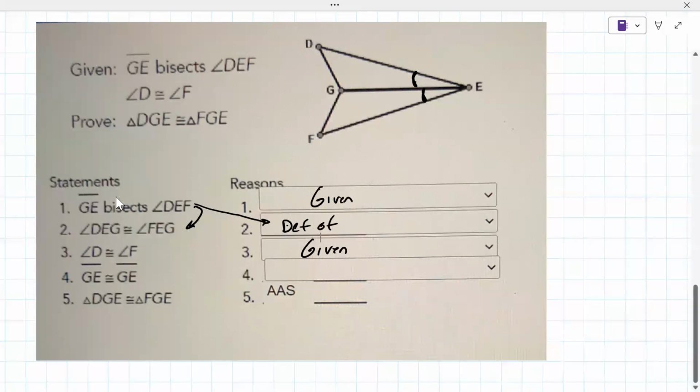What is this word here? Bisects. And what are you bisecting? An angle. Oh, definition of angle bisector. Okay. You've got to switch your thinking. You're very specific right now. You want to become more macro, big picture: segment, bisect, angle, angle, congruent, angle.